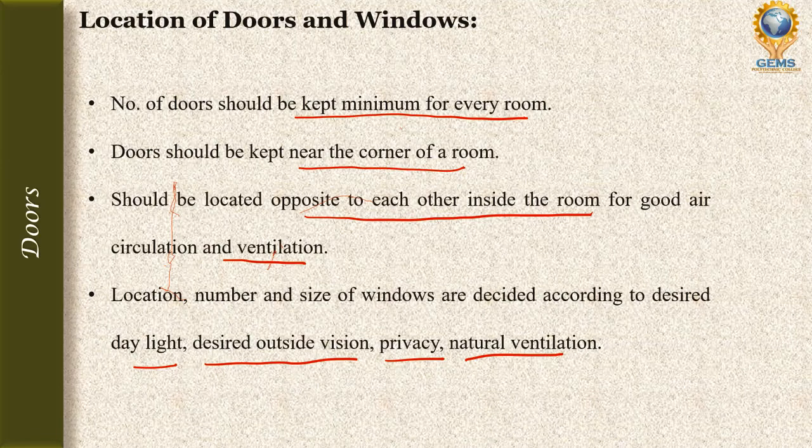So how we decide the windows is by considering how much daylight you want to enter your room, what your outside vision is, what you want to see and how much you want to see, how much privacy you need to protect yourself, and the natural ventilation. According to that, the location, number and size of the windows are decided.